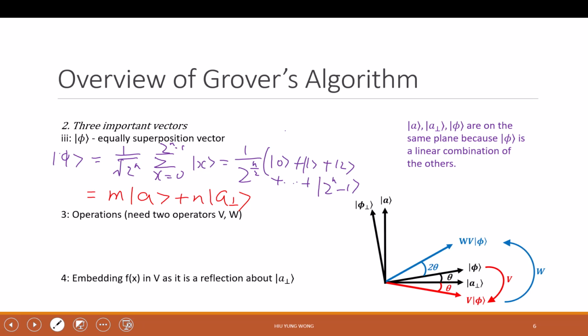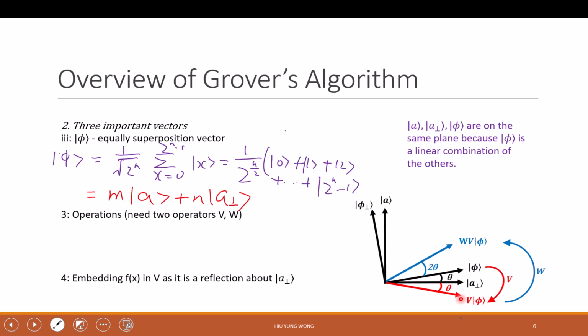Then we need 2 operations, V and W. So what is V? V is that if you have a vector, any vector, here we just show phi, it's going to reflect it about A perpendicular. It was at an angle theta in the upper plane of A perpendicular. If I apply V to phi, then it becomes this.